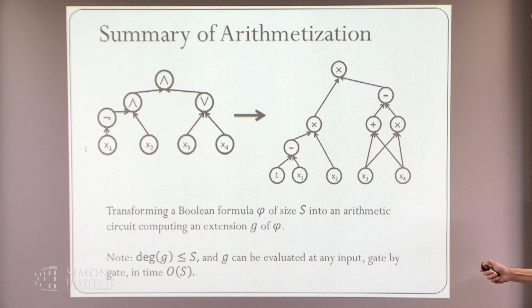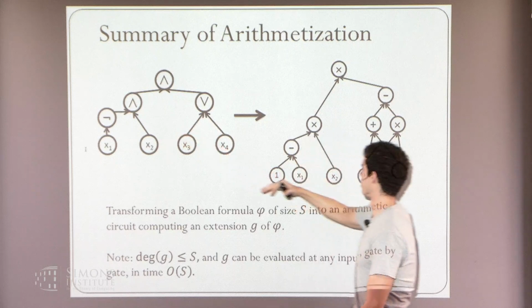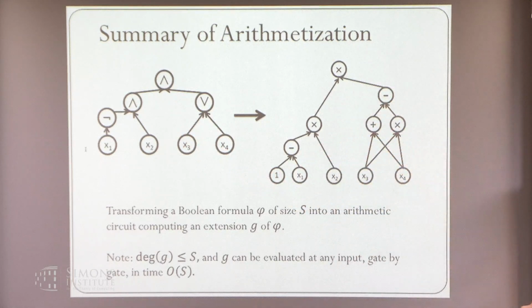And that product of two inputs is a multilinear function. So whatever the total degree of this thing feeding into the AND gate and this thing feeding into the AND gate, the AND gate itself is just turning into the product of those two things, right? So if you work through it, that's how you get the degree bound. Each gate in this formula is contributing to the degree of the resulting arithmetic circuit.